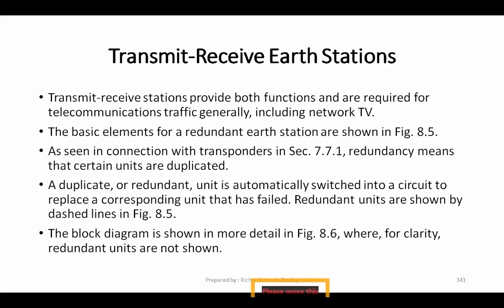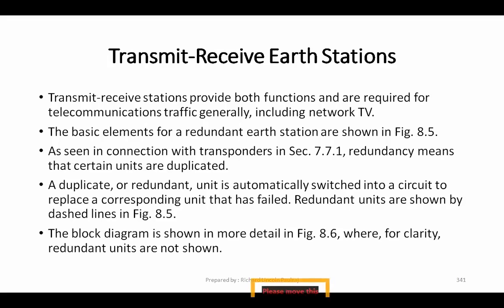Which means this becomes a two-way communication, just like duplex communication, where both transmitter and receiver can engage in communication at the same time, simultaneously. So transmit receive stations provide both functions and are required for telecommunications traffic, generally network TV also.